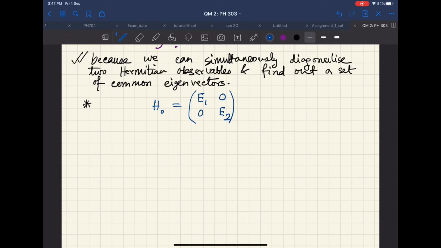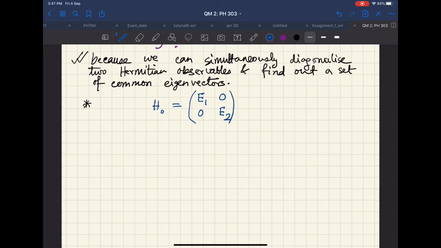H0 has two eigenvalues, E1 and E2, and as I already said, when I give you H0, that means the eigenvalues and eigenvectors are known to start with. Then if H1 is not diagonal and does not commute with H0, we have some calculation to do.